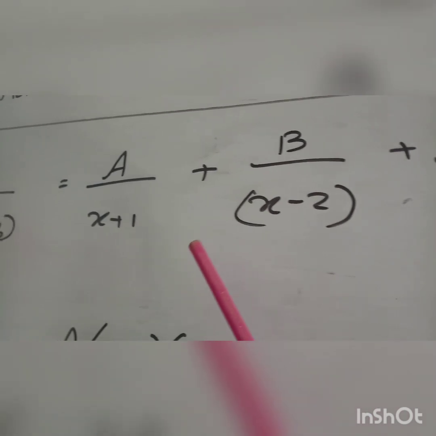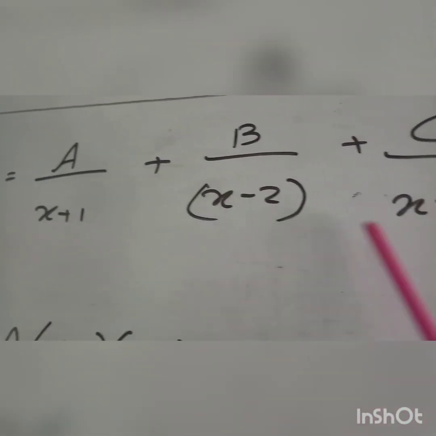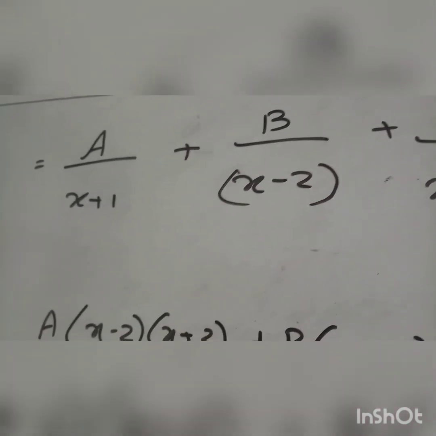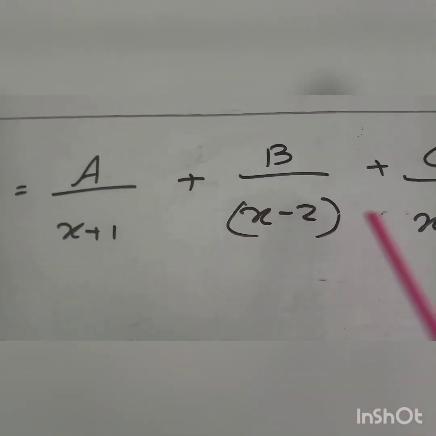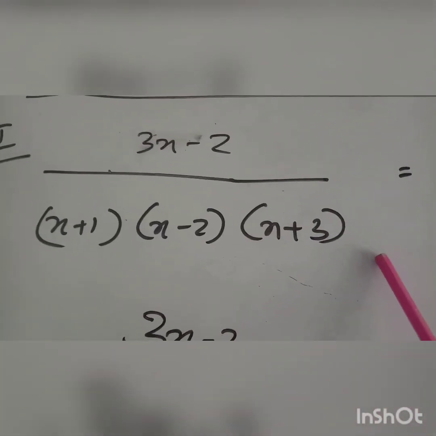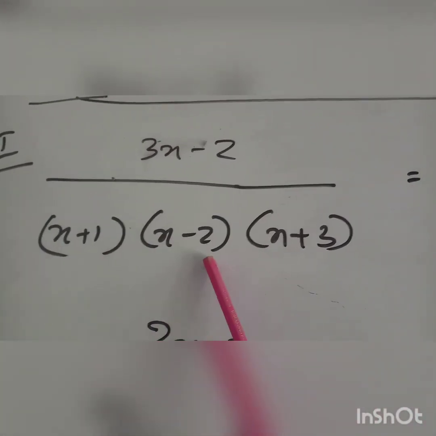You can select x plus 1, x minus 2 or x plus 3 as the corresponding factors, no problem. But you split like this, a by, b by, c by, if the denominators are linear factors. This one is linear, this is also linear, and this one is also linear. This is method 1.